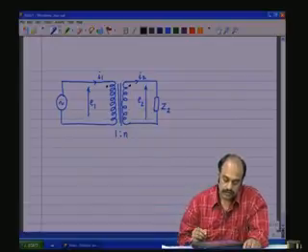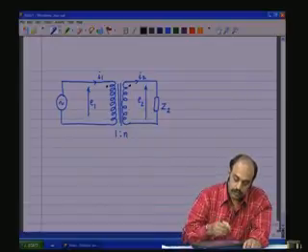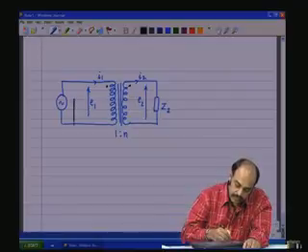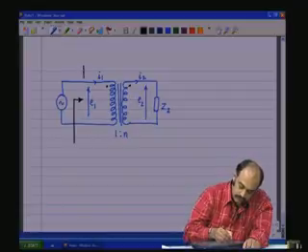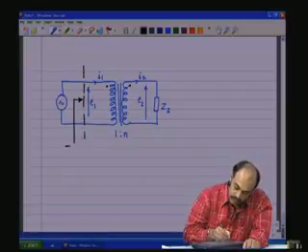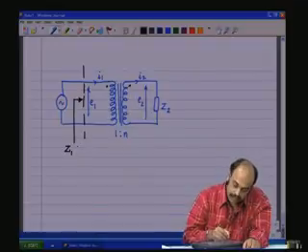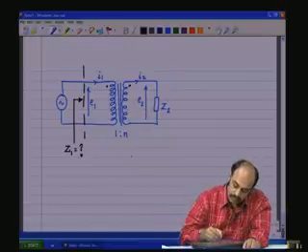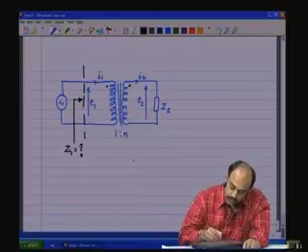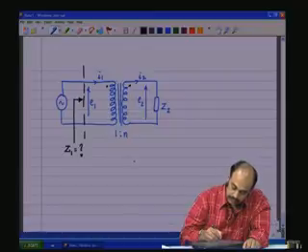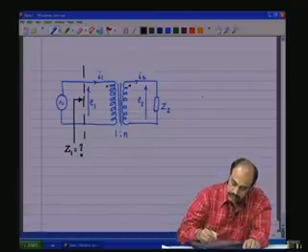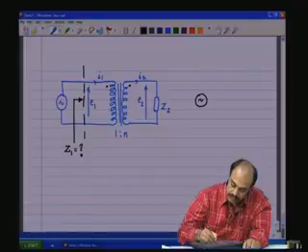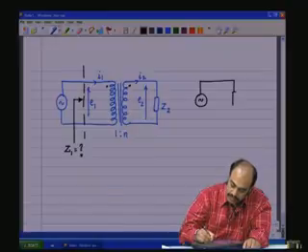Now, it is interesting to see what is the impedance seen by this source. What is the impedance seen by the source? So, the source impedance, which means equivalently, the value of Z1 if we are to get the same I1 and E1.